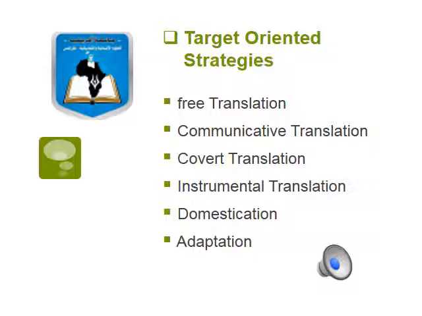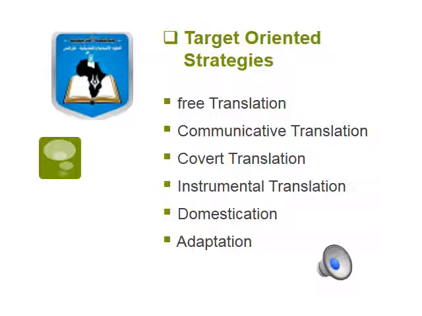So we get to know what instrumental translation is more. According to Nord 1988, 2005, page 81 if you're looking at the source, this is a translation strategy to produce a target text that functions independently from the source text in the target culture, meaning the target culture, the language we translate into, must be taken into account.